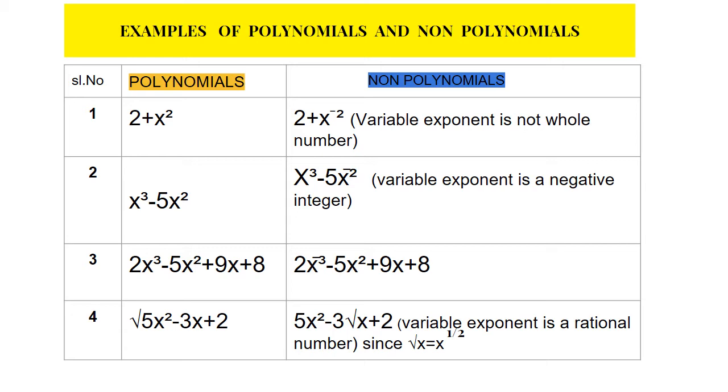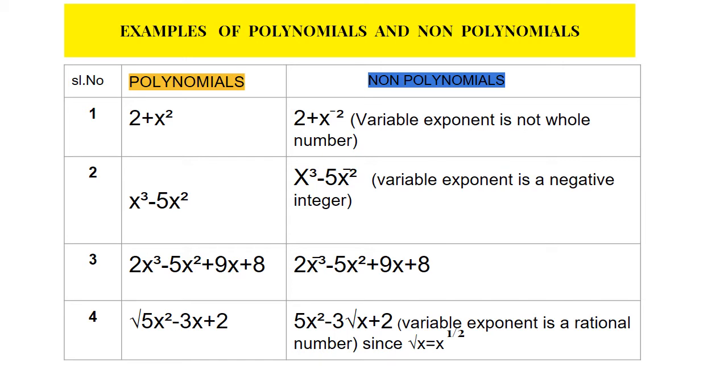Here the variable x has a negative integer exponent, so this is a non-polynomial. Now observe 2x cube minus 5x square plus 9x plus 8. Here 4 terms are combined with addition and subtraction, so this is also a polynomial.